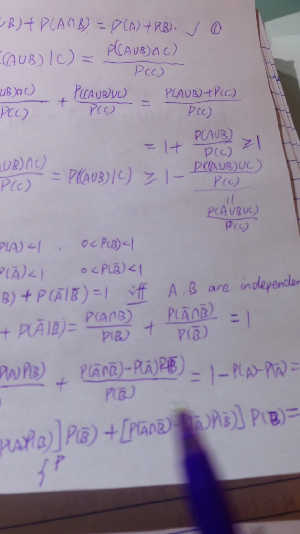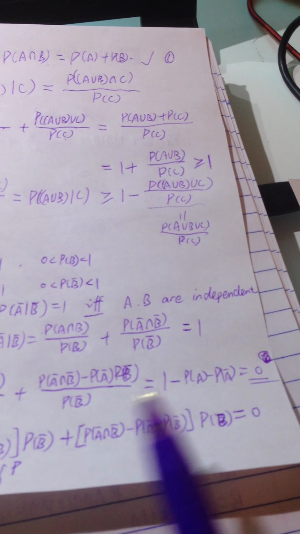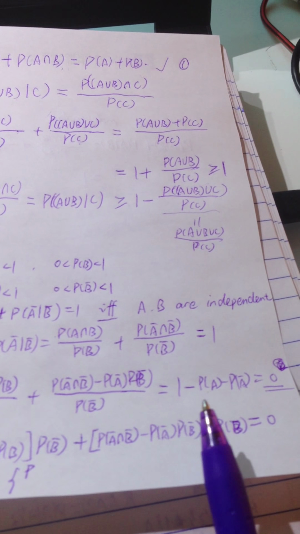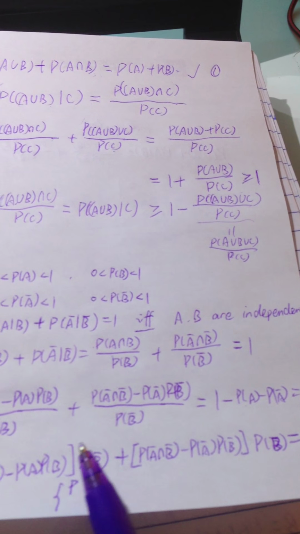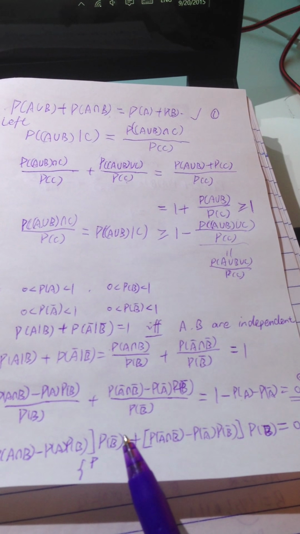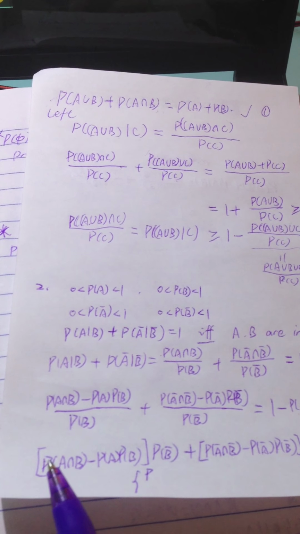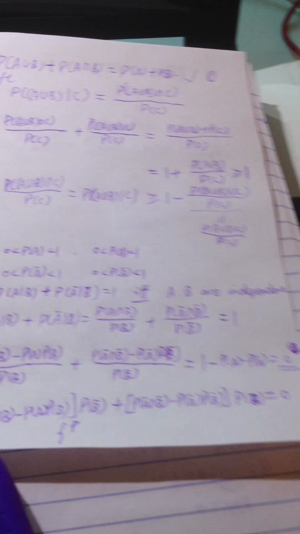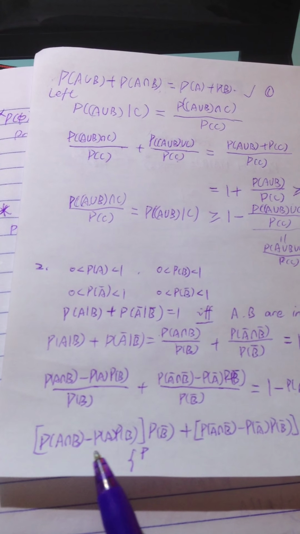Then let's multiply both sides by the probability of B and the probability of B complement. So we get this formula, right?